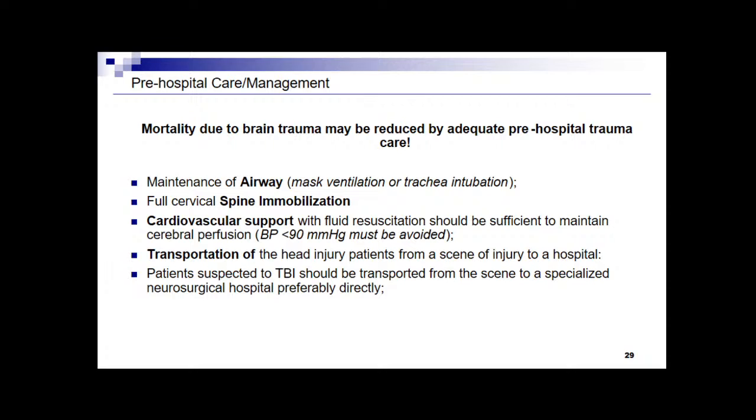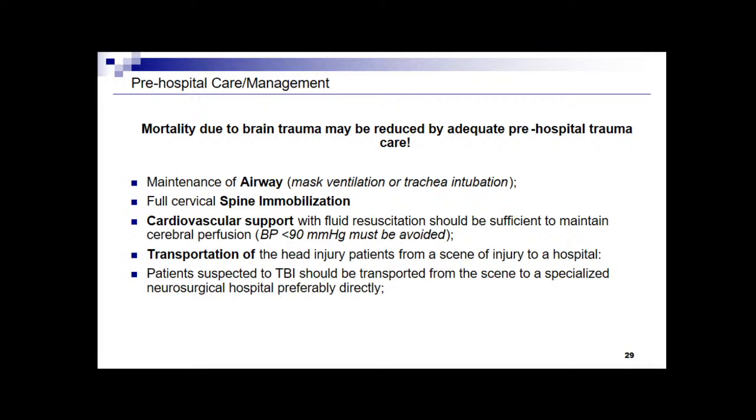Head and cervical spine should be immobile during transportation to avoid secondary damage of brain tissue due to displacement of bone fragments and injury of brain tissue with very sharp bone fragments.